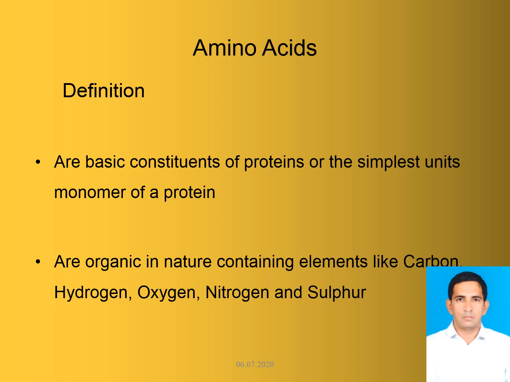The key elements of an amino acid are carbon, hydrogen, oxygen, and nitrogen, although other elements are found in the side chain of certain amino acids.